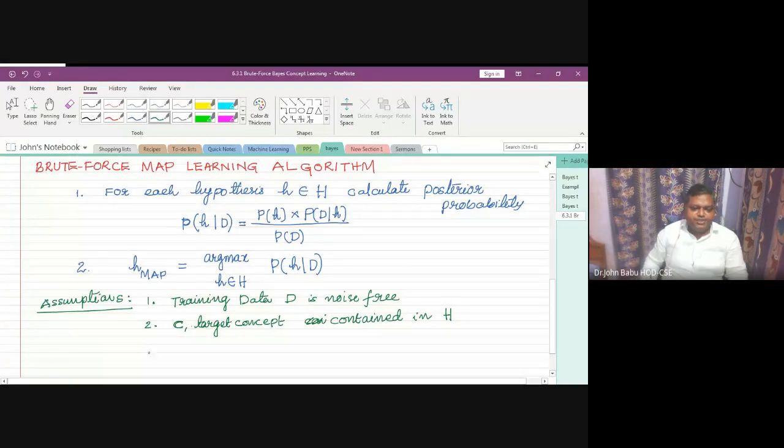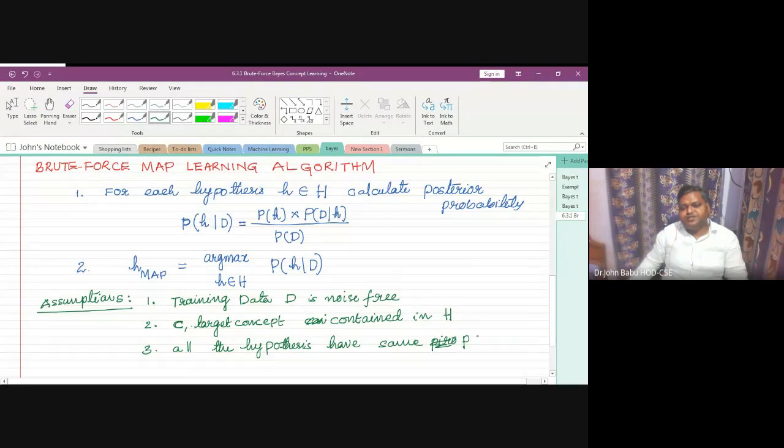And assumption number 3 is that all the hypotheses have the same prior probability.